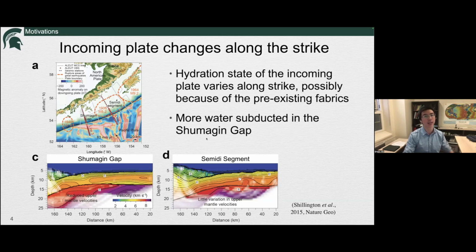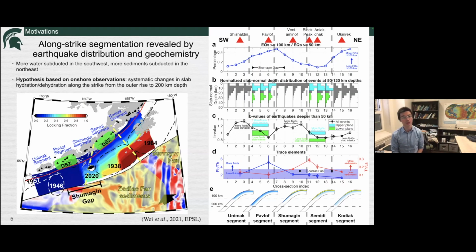Led by that hypothesis, we also did a study mainly based on onshore observations, more than 30 years of seismic data from stations in this region, Aleutian and Alaska, and we also looked at the geochemistry. For this slide, I have to apologize, it's a very busy figure, but I just want to show that we looked at seismicity, earthquakes at different depths.